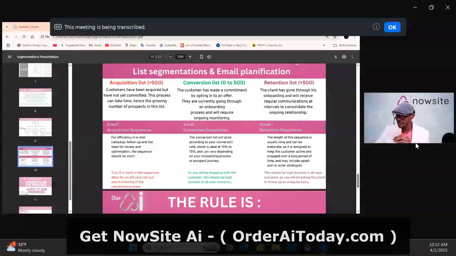The general understanding we left off with is that ideally, in the NowSite environment and overall, to simplify the way we work, we want to have three types of lists according to the different stages of interaction with each prospect.